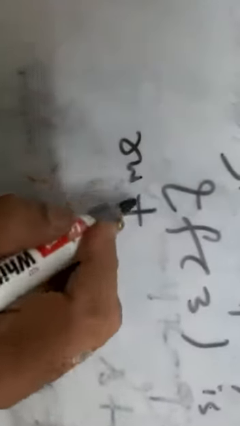Since f(2) is negative and f(3) is positive, the root lies between 2 and 3.